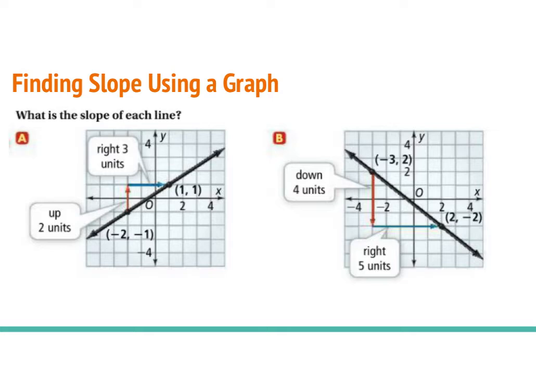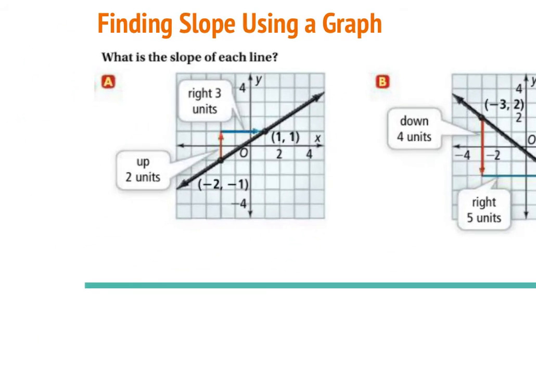Now we're going to start doing some problems where we find the slope using a graph. So what is the slope of each line? Okay, remember, always write this down: slope is rise over run. In A, how much do we rise? Tessa? 2. Positive or negative? Why positive?